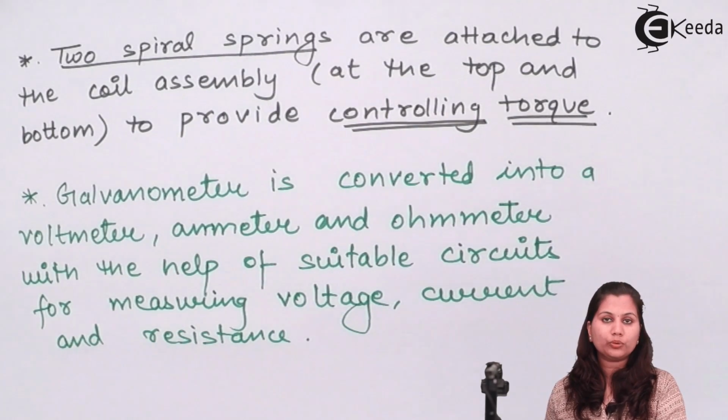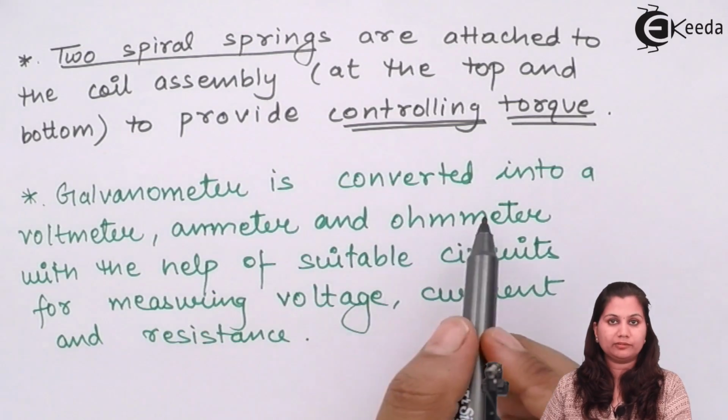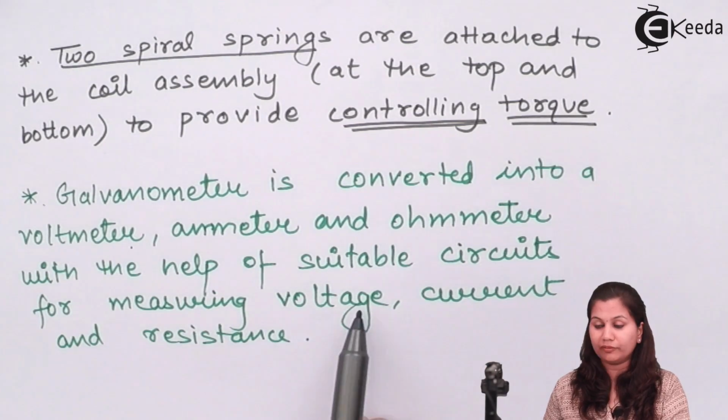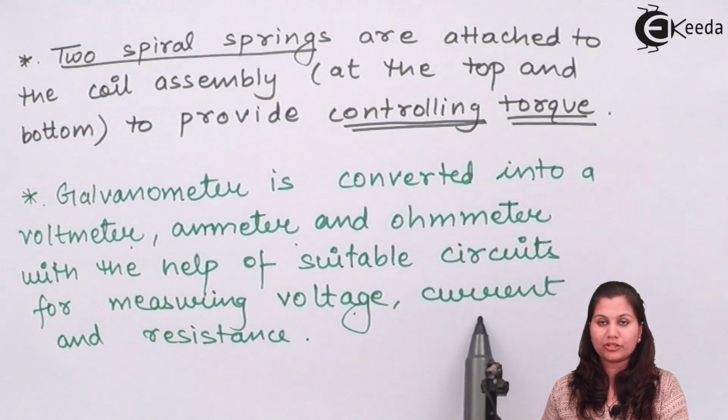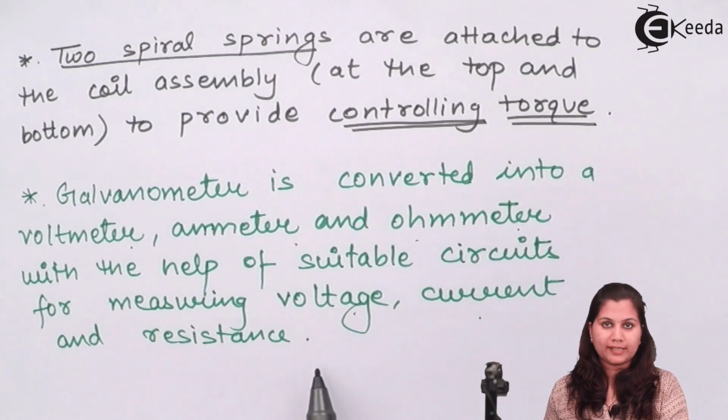With the help of suitable circuits or circuit modification, the galvanometer is converted into a voltmeter for measuring voltage, an ammeter for measuring current and an ohm meter for measuring resistance.